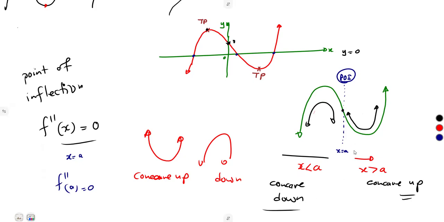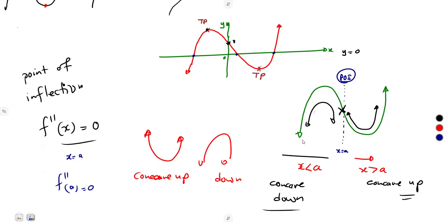Very, very important for you to note: at x equal to a, that's our point of inflection, that's where we can tell whether the graph is concave up or down. But the turning point shows us whether the graph is increasing or decreasing.